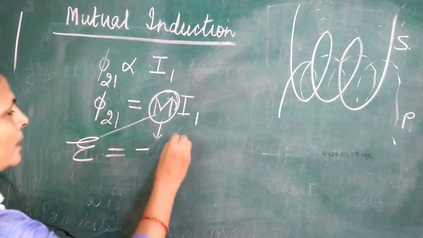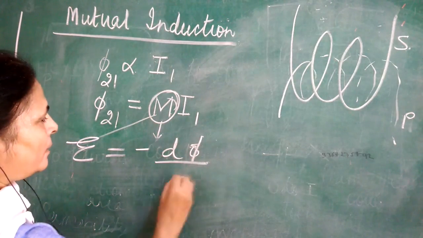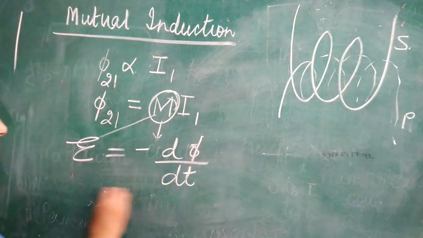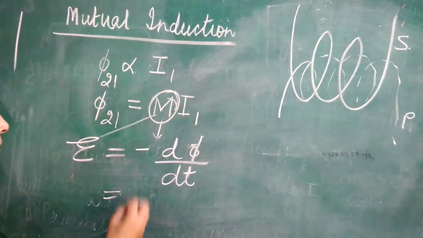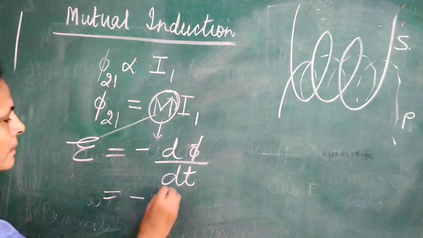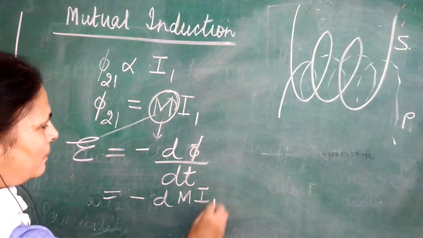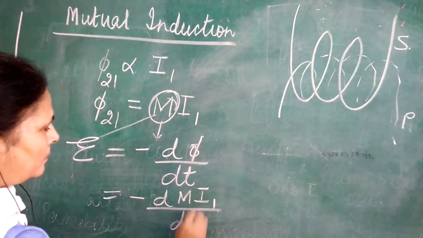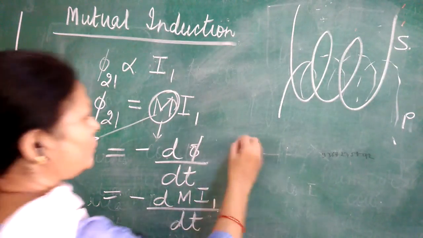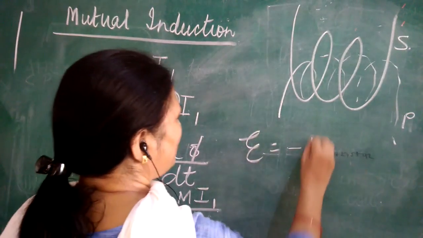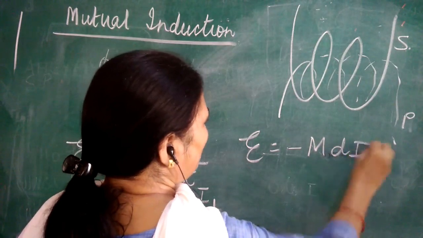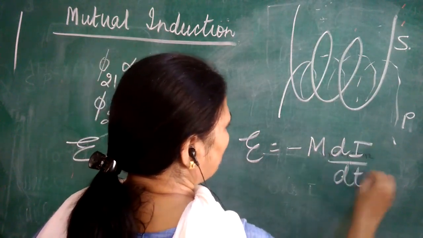E is equal to minus d phi by dt. This we have already done. So in place of phi, now I'll write down minus d(M I1) upon dt. So induced EMF will be equal to minus M dI by dt.